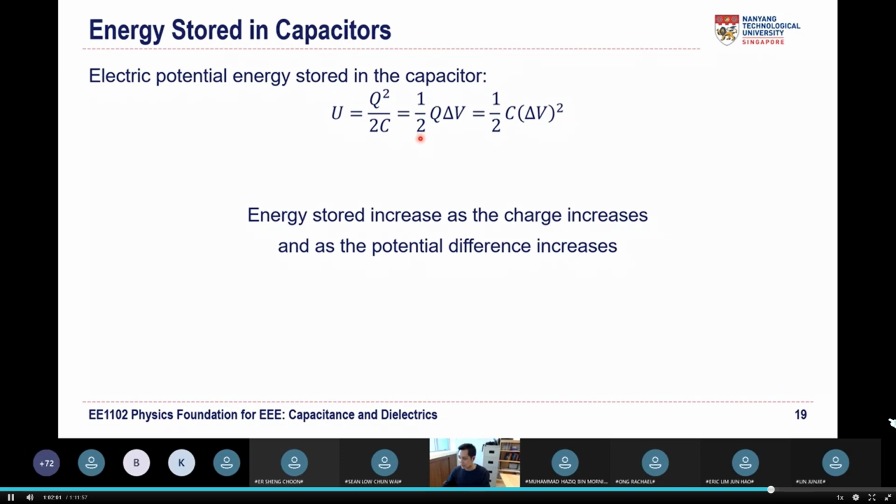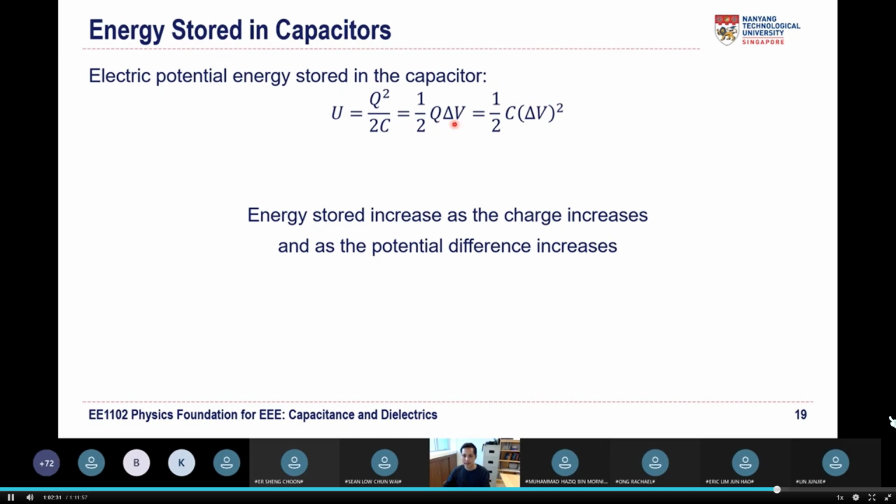The equation itself is going to be given if you ever need it for your assessments or solving problems. So in this case, Q is the amount of charge, and C is the capacitance. And of course, knowing that C is Q over delta V, then we can substitute delta V instead of C. So then you can see that these two are equivalent.